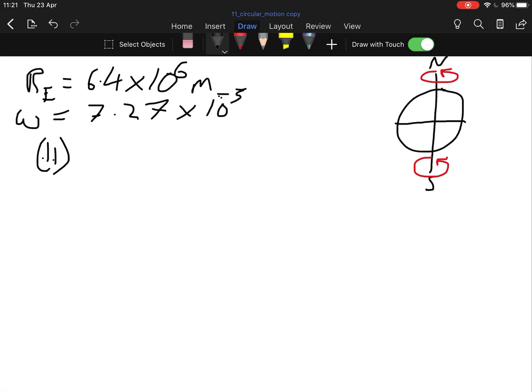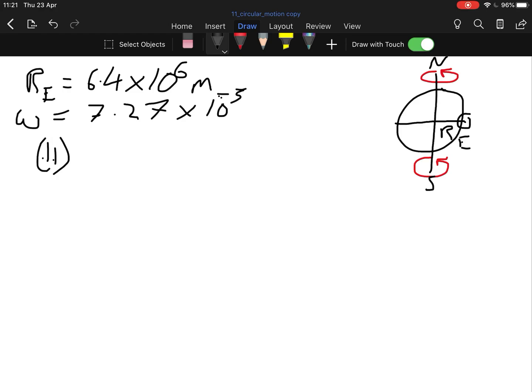Find the linear speed of a small object at the equator. Okay, so if we're at the equator, right, so the object is here, then we're simply dealing with the radius of the Earth, are we not? So we have the radius of the Earth, we don't have the linear speed, we have the angular velocity, okay? And we're asked to find linear speed. So go to the log tables.